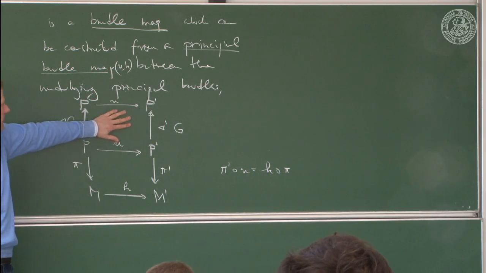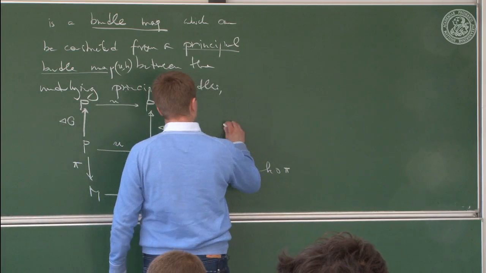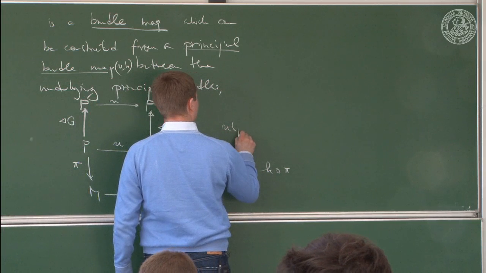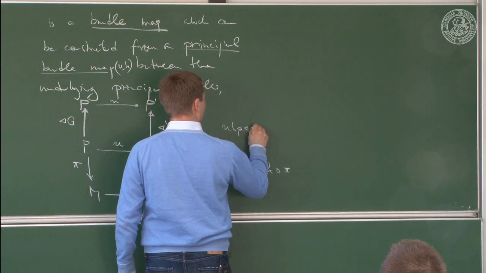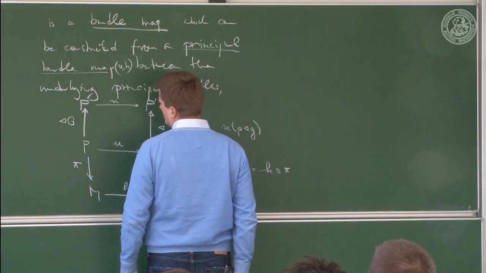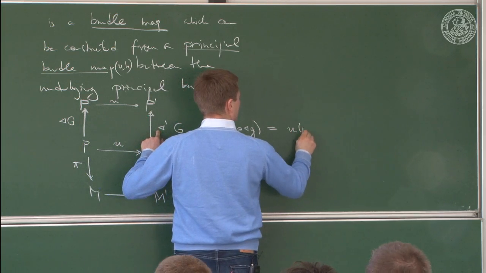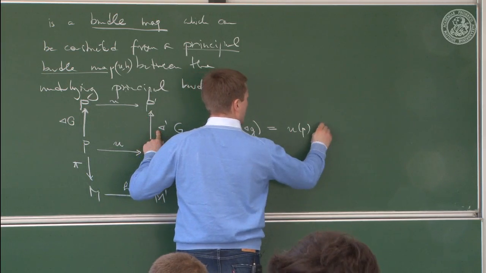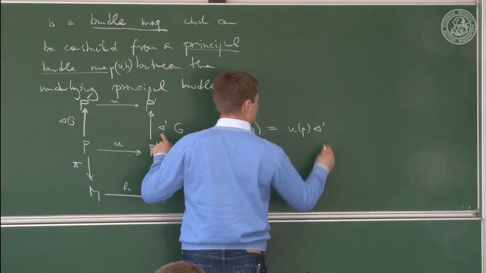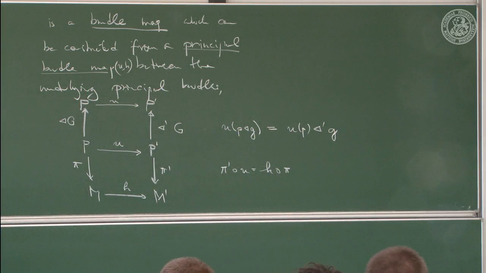It becomes a principal bundle map by also respecting this up here to commute. That means U of P acted upon from the right by the unprimed right action with a G is the same as first mapping P with U and then using the primed right action of G, for all P in P and for all G in G.